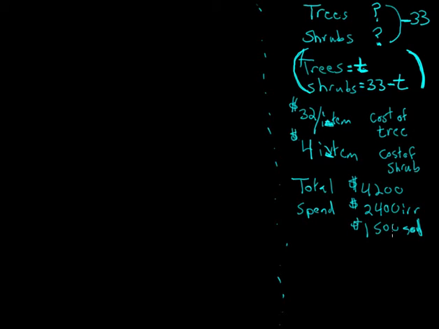So we can do this as an addition. We can add up everything they spend money on, and it's going to equal the total of their budget, because they're going to blow their whole budget on this.